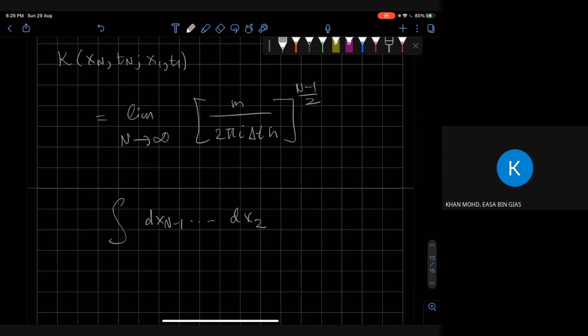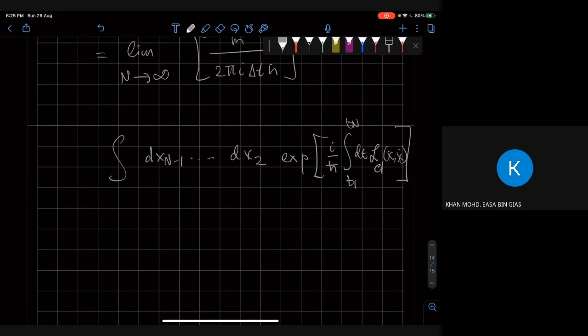And then we have the exponential of i over h bar, integral from t1 to tn dt of the classical Lagrangian of x and x dot. Okay, and this is what we have called the path integral.